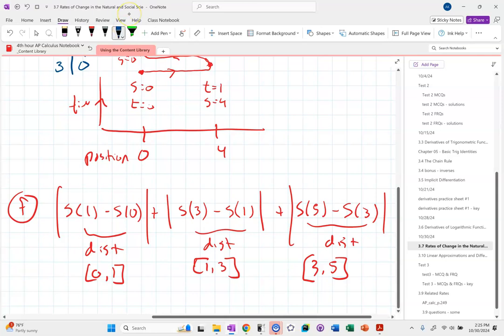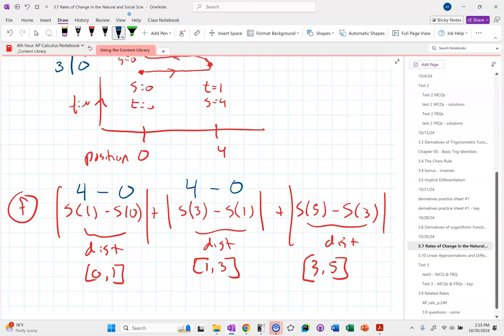Here's the good news, right? I know all these positions except for S of 5. This was 4. That was 0. That was 4. Oh, I'm sorry, S of 3 was 0 again. That's right.